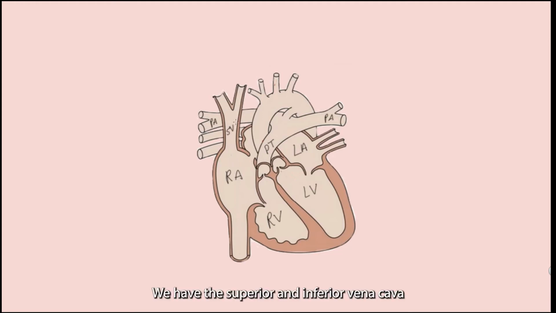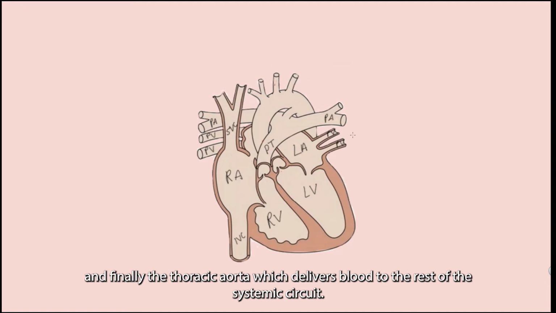We have the superior and inferior vena cava, the pulmonary veins, and lastly the thoracic aorta that delivers blood to the rest of the systemic circuit.